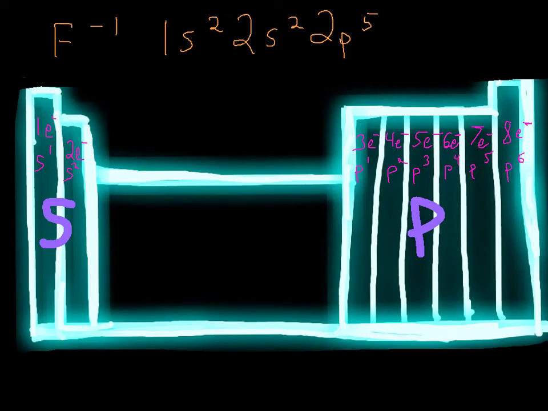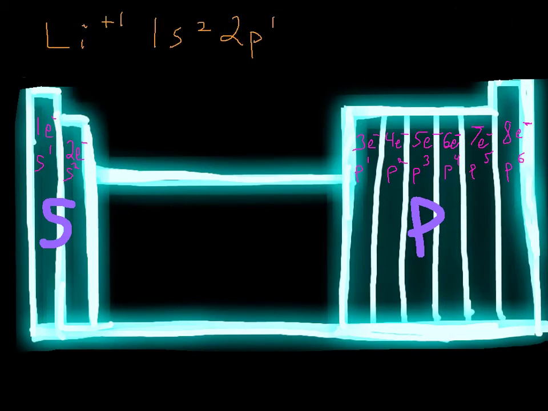If it gains an additional electron, now it has a configuration of 1s2, 2s2, 2p6. And that is the configuration of the noble gas neon.